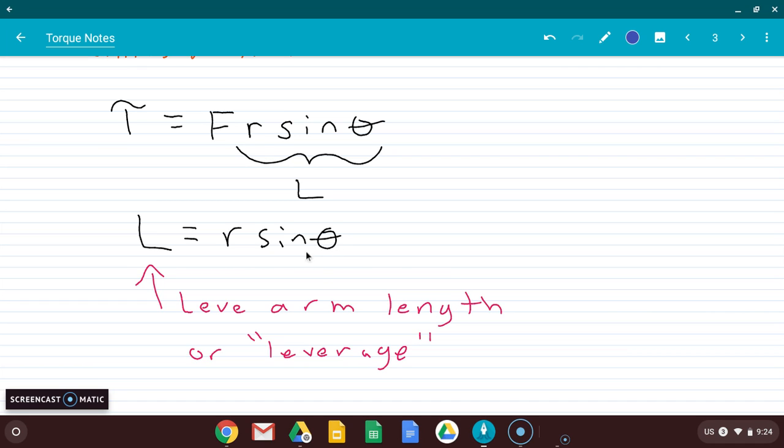So if that is any value other than 90 degrees, a fraction times whatever the R value is makes the leverage lower. You lose leverage when you try to rotate something when a situation does not have a perpendicular angle.